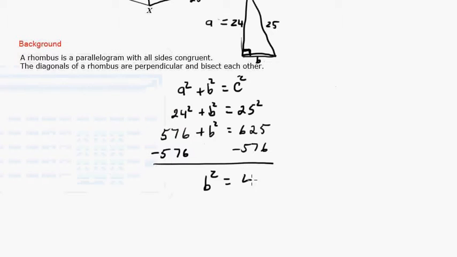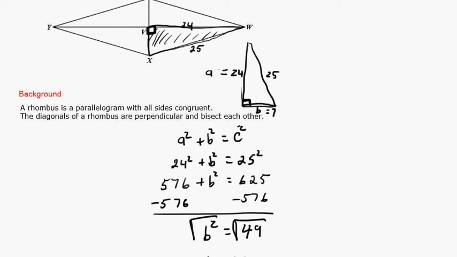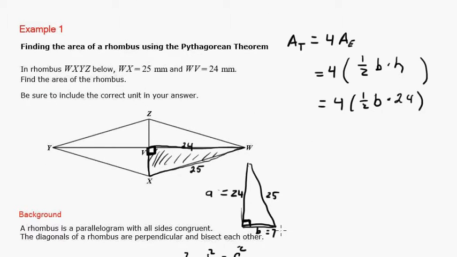Hey, that's a nice number. 49, because what do we know? If we take the square root of both sides, we get B equals the square root of 49, which is 7. Okay, so that's what we wanted. Now we know that up here this is 7. That's our base.